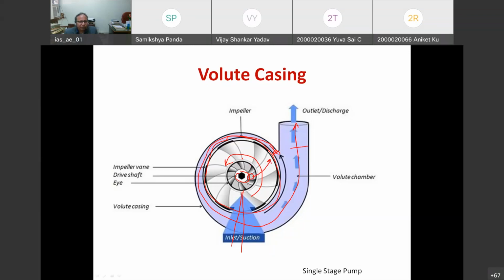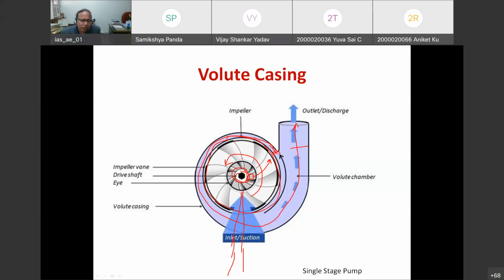The cross-sectional area at the eye of the impeller is lower in comparison to the cross-sectional area at the periphery, and the quantity of water passing through the pump is the same. Let's say a particular discharge Q at the eye of the impeller; the discharge at the periphery of the impeller will also be Q.